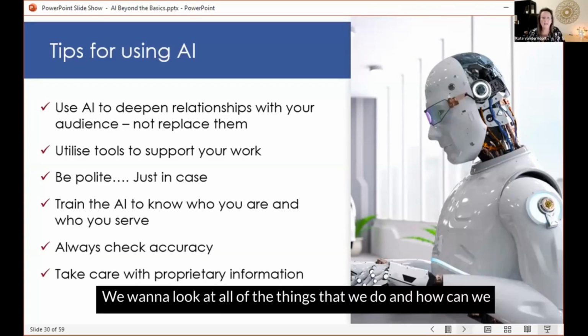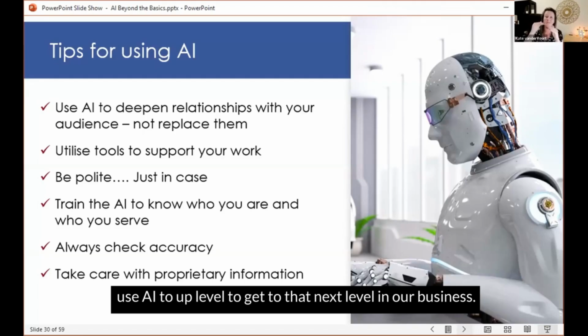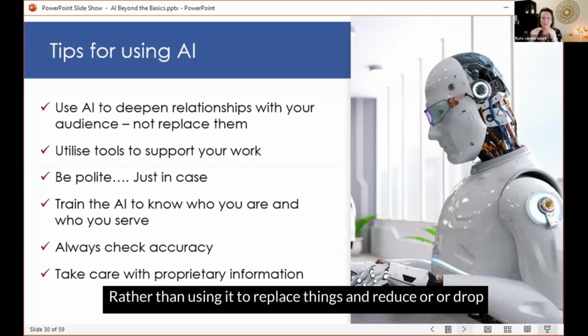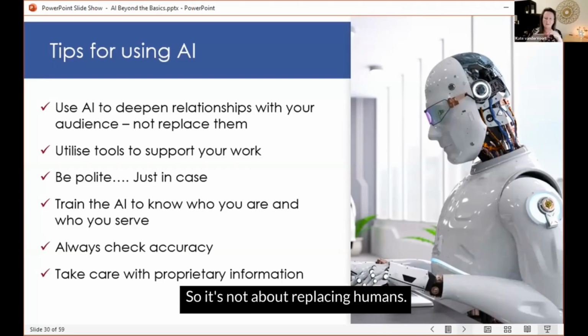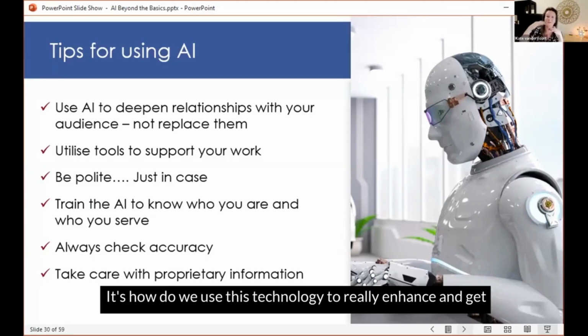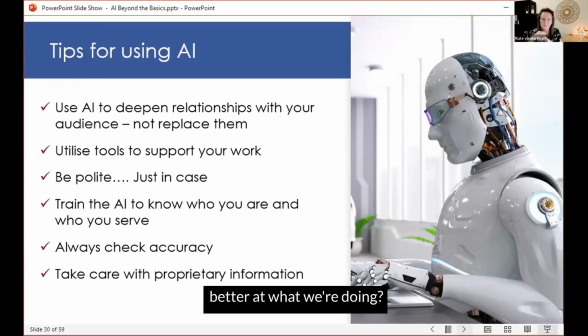We want to look at all of the things that we do and how we can use AI to up level our business, rather than using it to replace things and drop down a level. So it's not about replacing humans. It's about how we use this technology to enhance and get better at what we're doing.